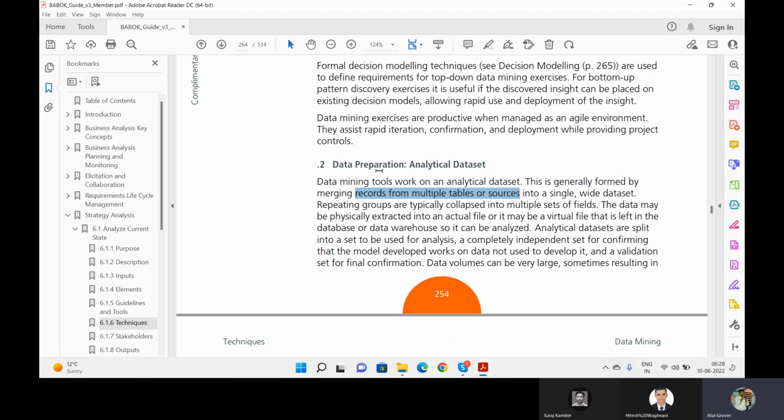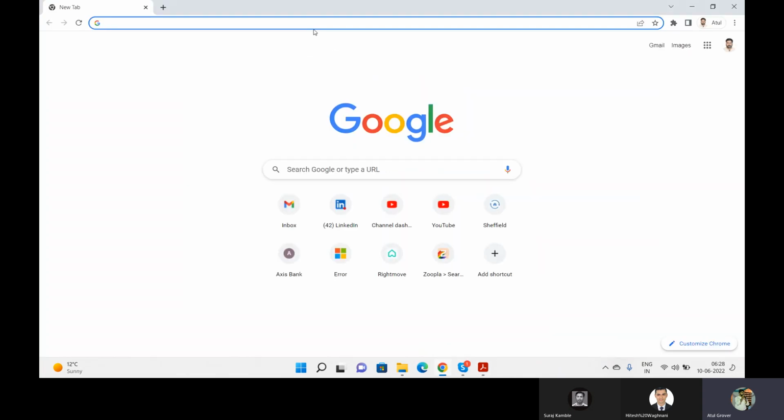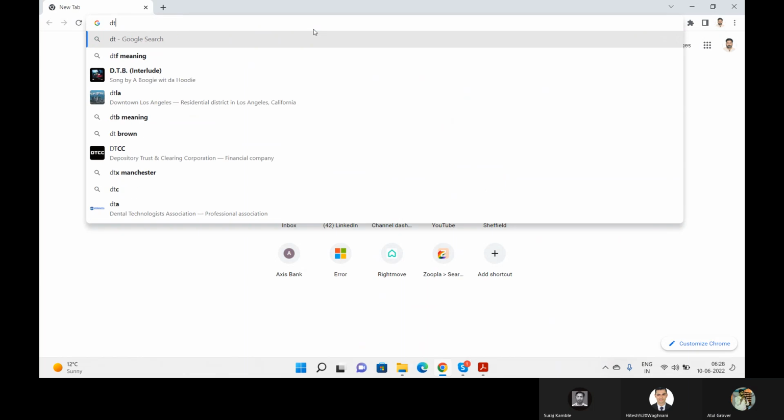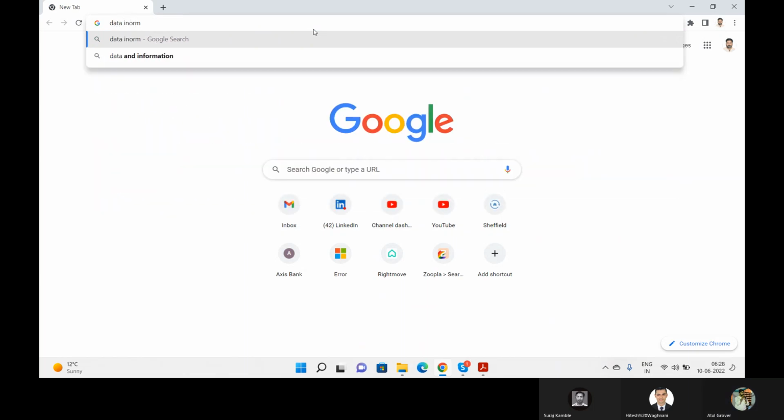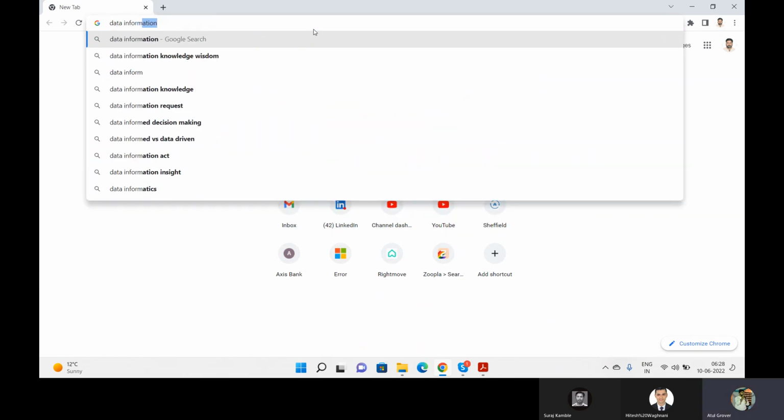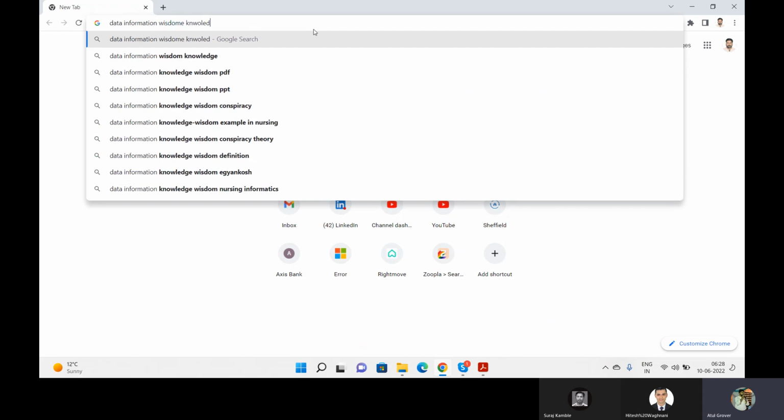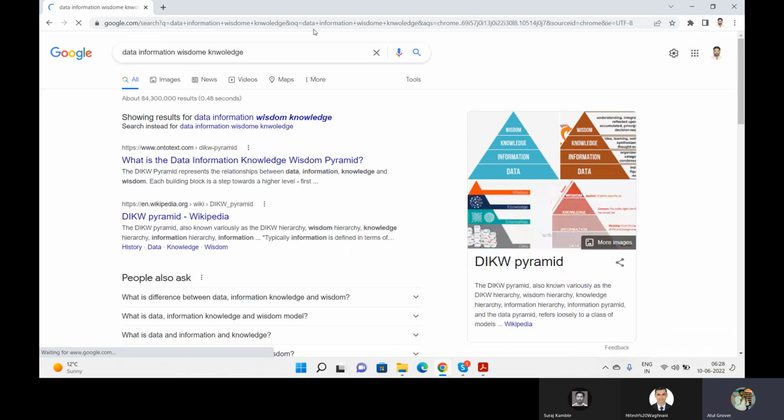There's a term in knowledge management we use. First of all we have data. Let me show you what I'm saying here. Data, information, knowledge, wisdom. Look, this is what it is. First we have just data. This is called the DIKW pyramid.